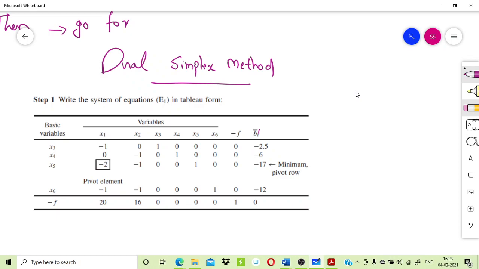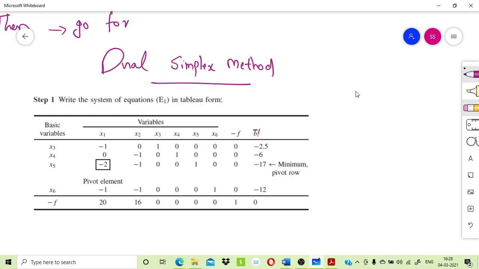The column corresponding to that most negative value we take as our entering variable, entering the basic variable portion.